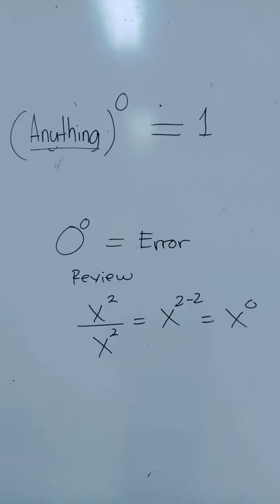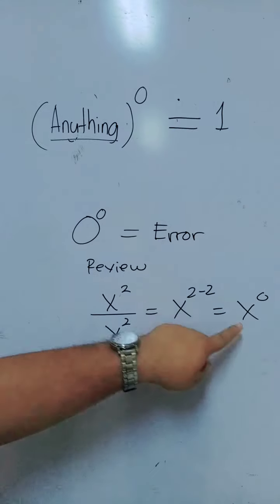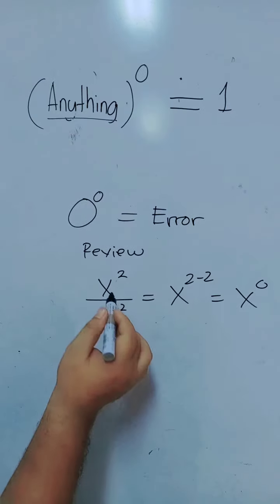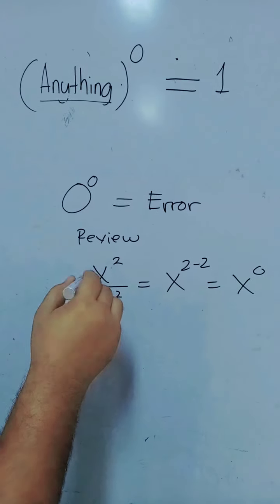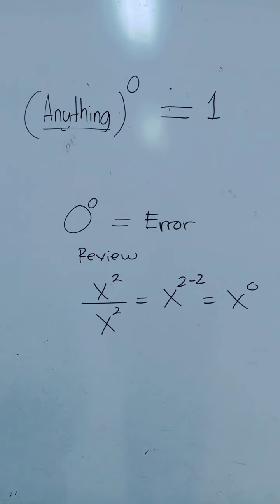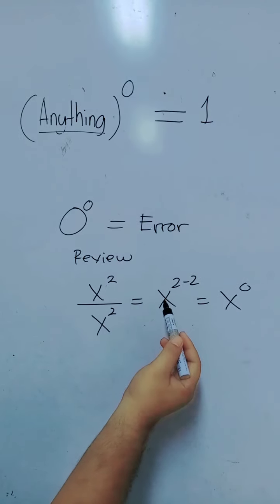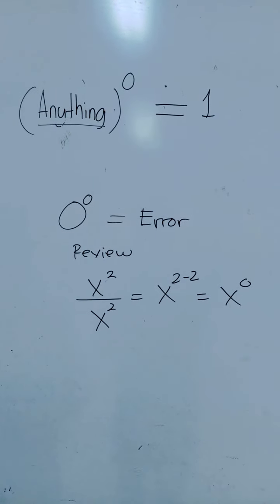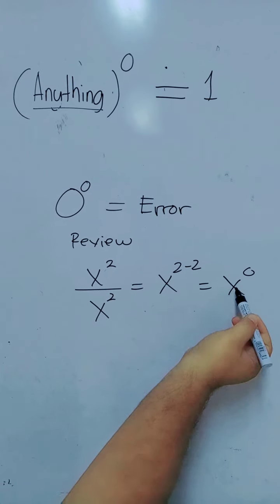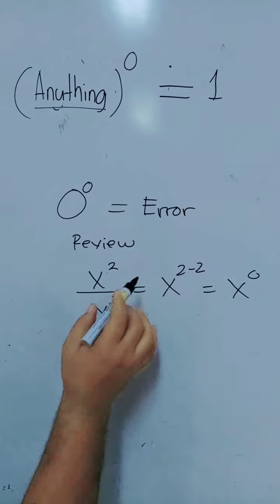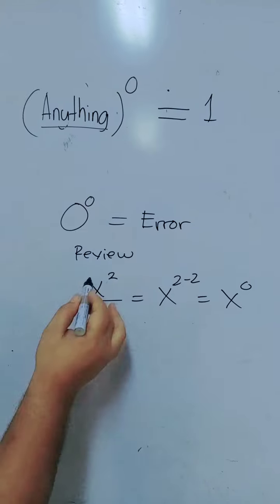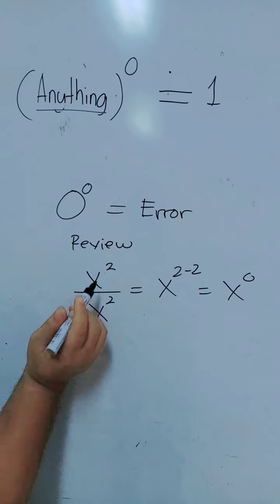Because I want to review this expression, x to the power of 0 is equal to 1. If the bases are equal and the exponents are also equal, then that is x to the power of 2 minus 2, which is x to the power of 0. That's why x to the power of 0 is equal to 1, because when you solve this individually, that is equal to 1. Why? Because they are the same term, right?